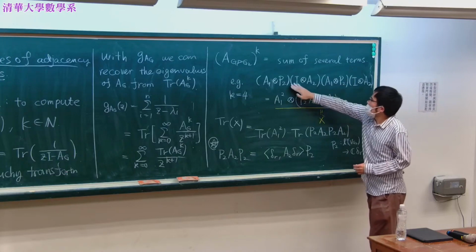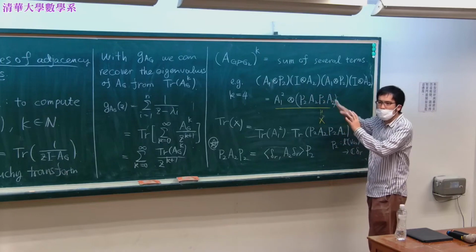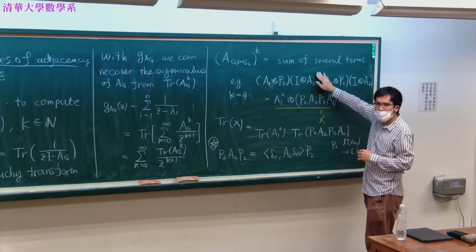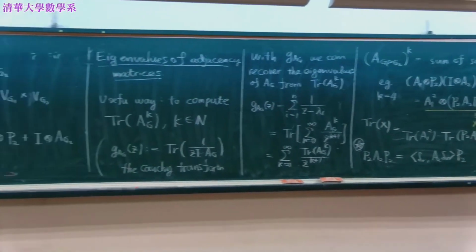If the identity tensor A2 appears continuously several times, then you get A2 to some power. So for this we need such powers.